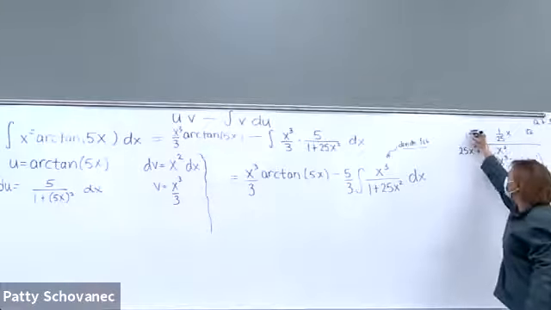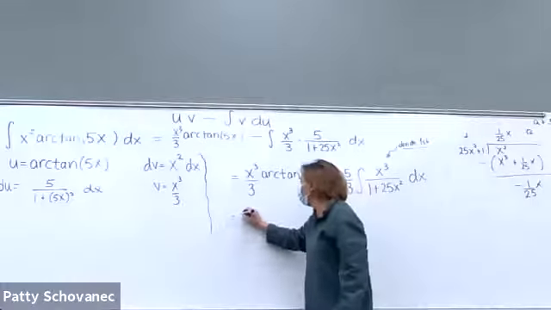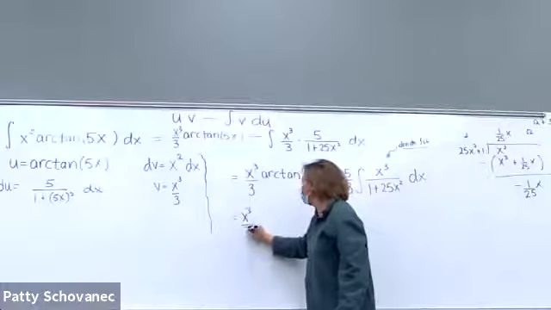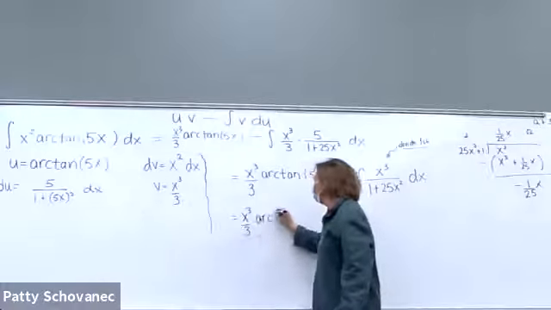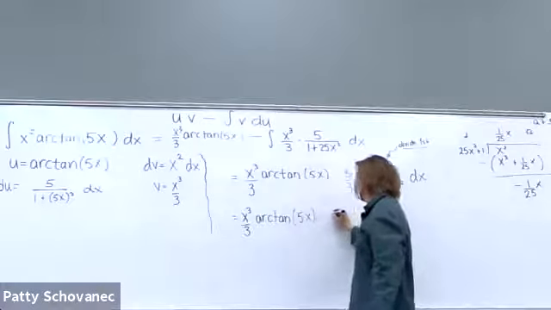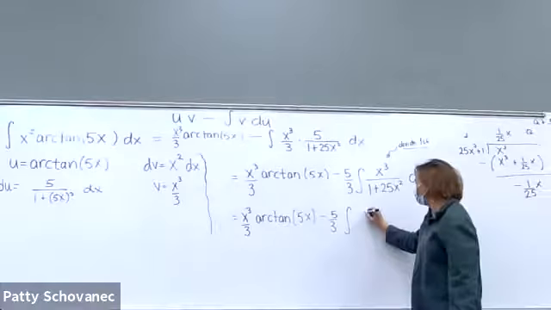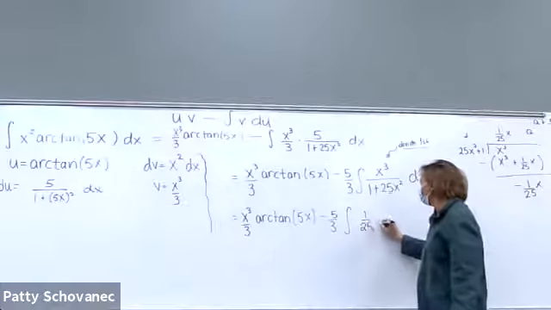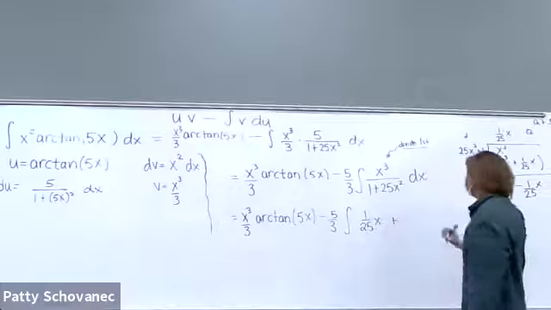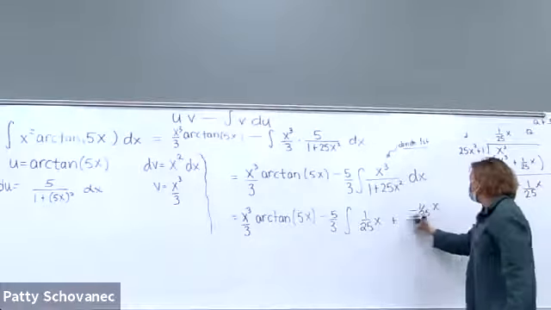There's the divisor, and there's the remainder. So my quotient was 1 over 25x plus the remainder, negative 1 over 25x over the divisor.